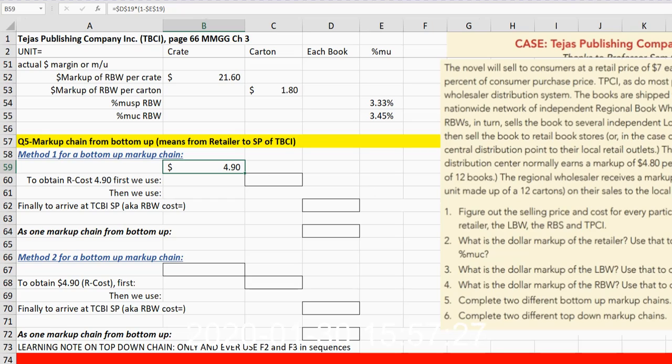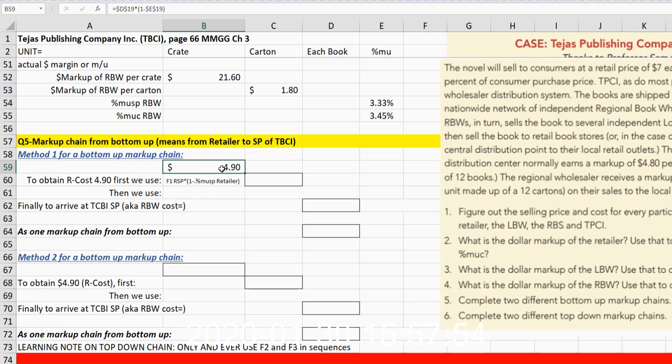So we needed to use Formula 1, which we did in class, and Formula 1 says we take that selling price and we multiply it times 1 minus the percent markup on selling price, which we knew was 30%. But here's the formula so that we can use the actual data in the spreadsheet where we have the numbers.